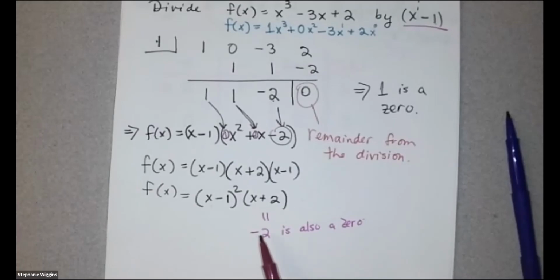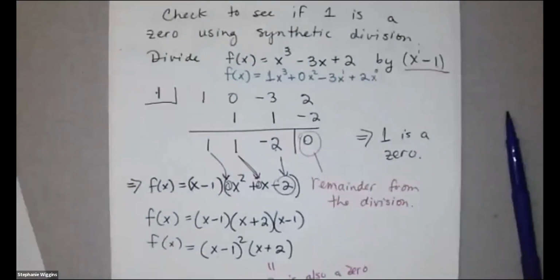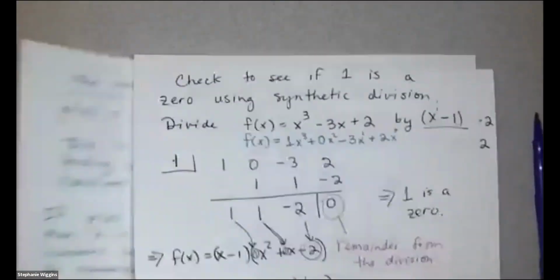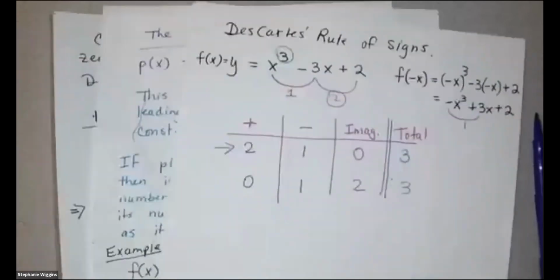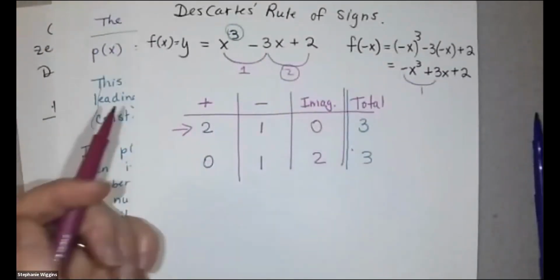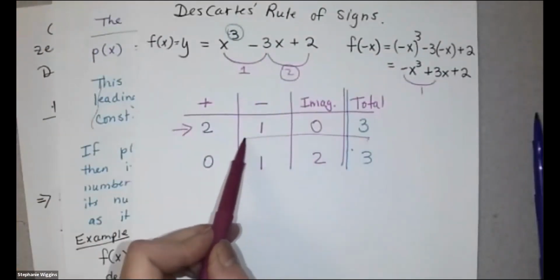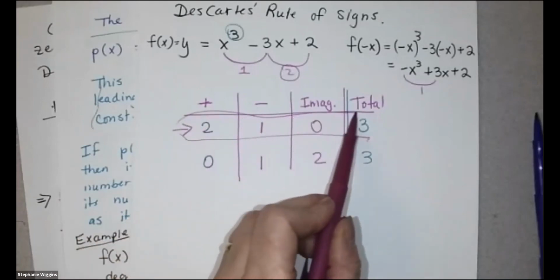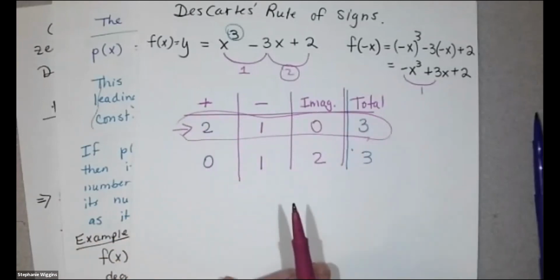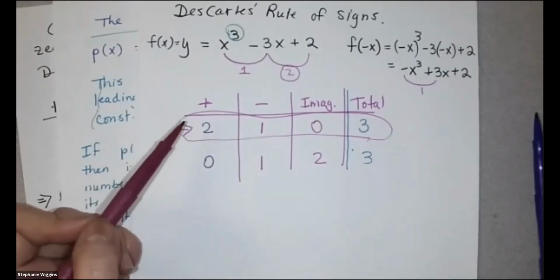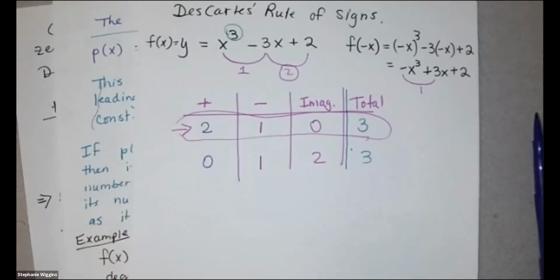So negative 2 is the other real zero, right here. So this is the correct situation that we have. Descartes' rule of signs says it's either this or this. It's kind of like limiting the possibilities so you can narrow in on it.